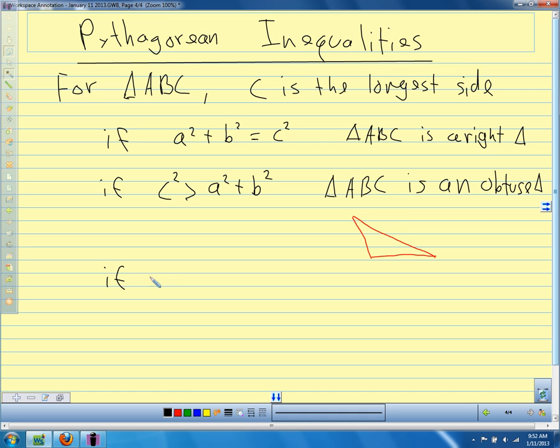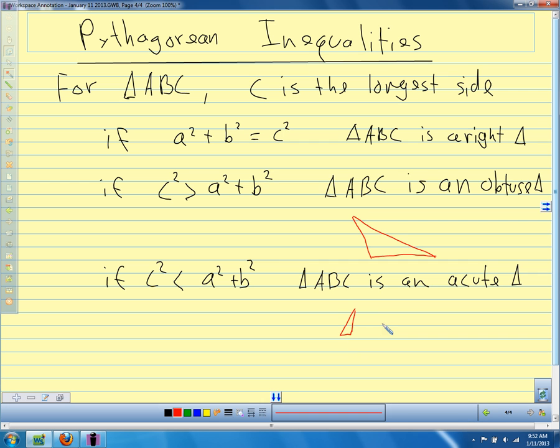And the last one is if c squared is less than a squared plus b squared, triangle ABC is an acute triangle. An acute triangle is harder to draw than an obtuse triangle.